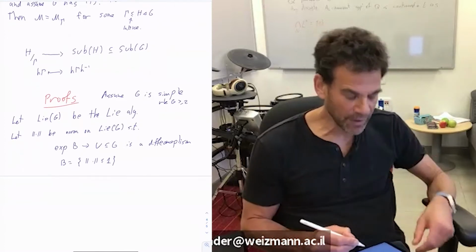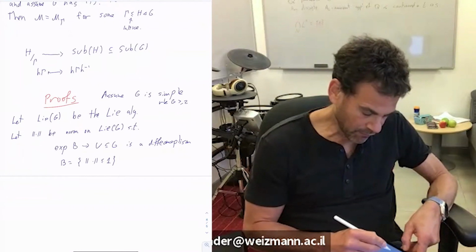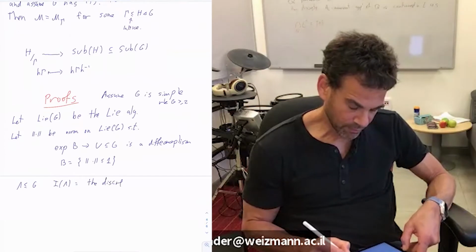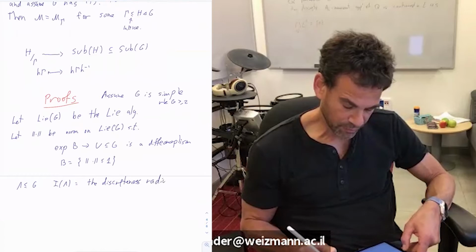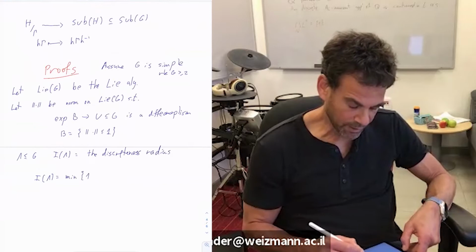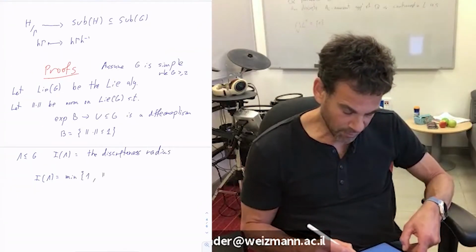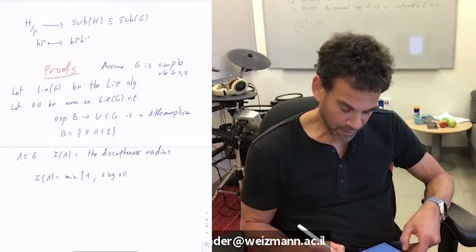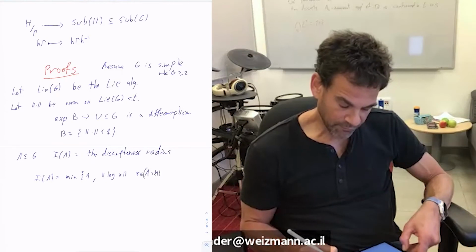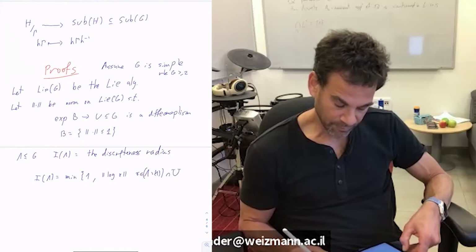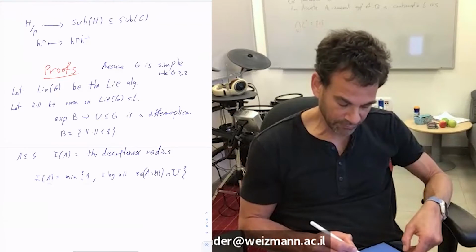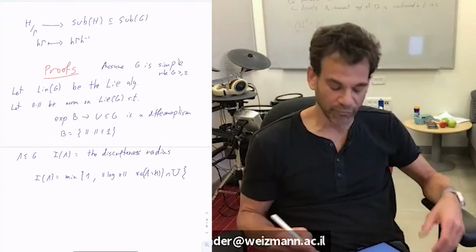And then for a discrete subgroup Lambda inside G, I define I of Lambda to be the discreteness radius: the minimum between 1 and the norm of log of gamma, where gamma is inside Lambda minus the identity, and the log is well defined since gamma is in this neighborhood. So if my group intersects this ball trivially, then I take the injectivity radius to be 1, and otherwise it will be the norm of the smallest non-trivial element.